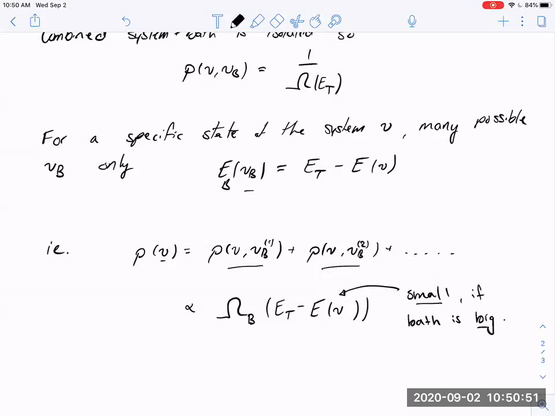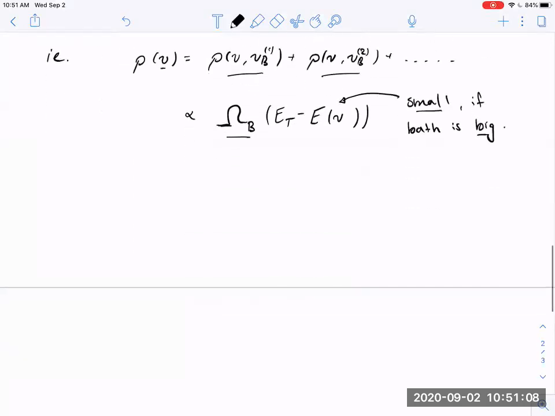If it is a small contribution to the total energy, while we don't naively know the form of omega b, we can get some insight into its functional dependence on the energy of the system by performing a Taylor expansion. So again, we did this last time, but I just want to go back over it, expanding that form to first order.